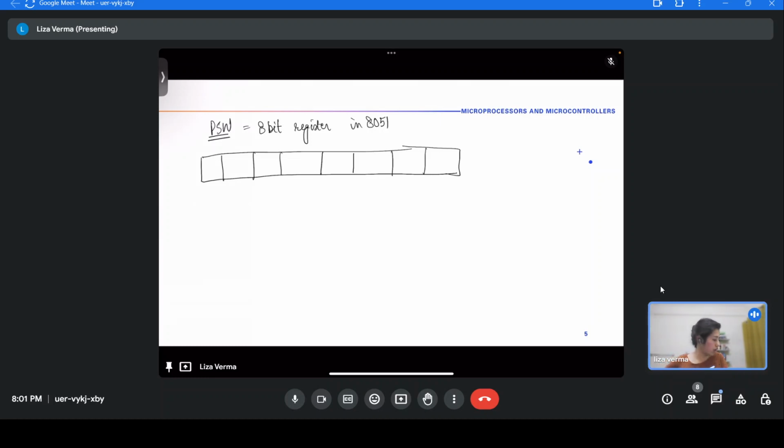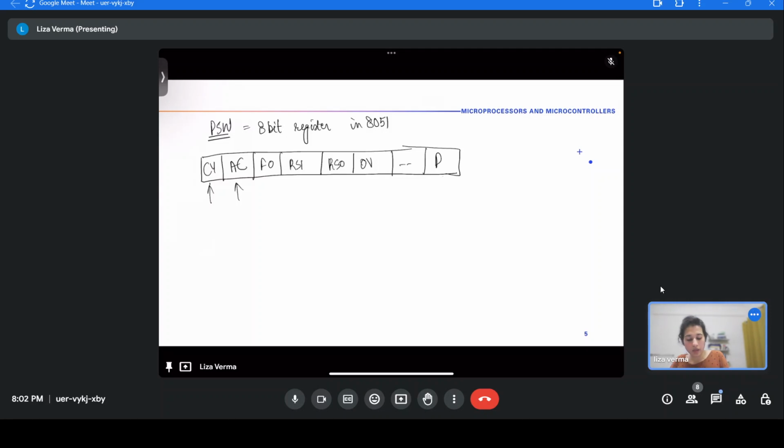There's no accumulator combined with it. So first one is carry, auxiliary carry. This is a programmable flag. Then RS1, RS0. Then we have the overflow flag, then a don't care bit, and parity.